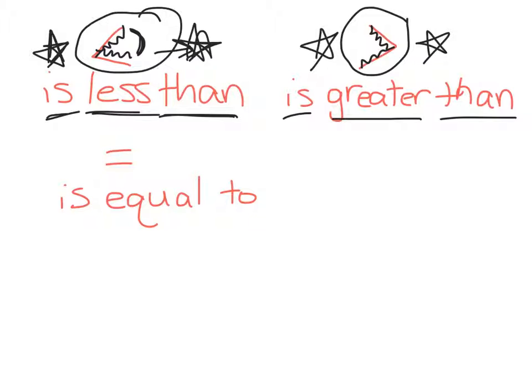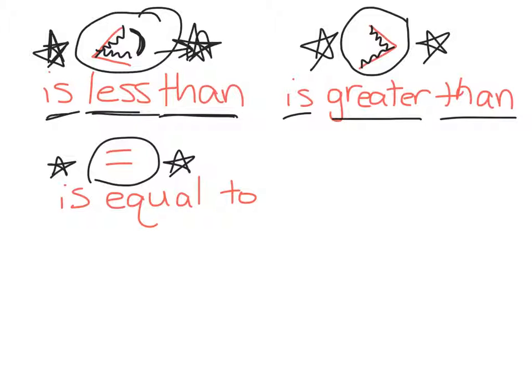And then down below here we have this symbol, and this symbol means that any number on this side of the equal sign is going to be equal to, or the same amount as, the number on this side of the equal sign.